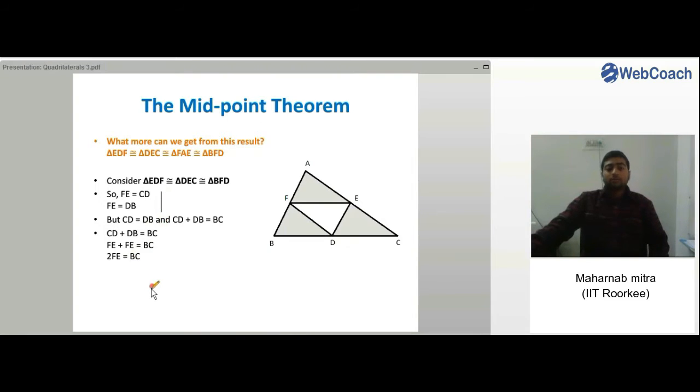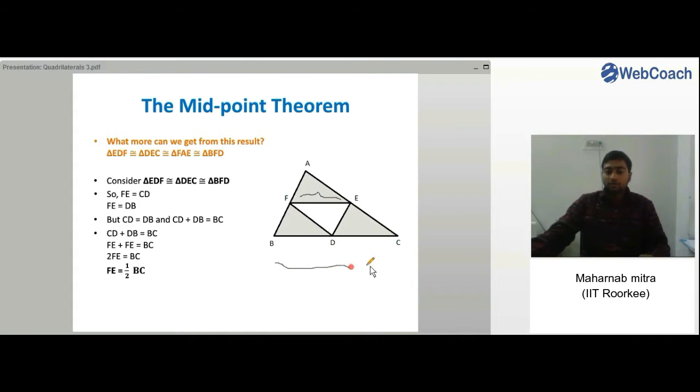So after replacing all the terms with FE and keeping the right hand side as BC, what we obtain is quite interesting. We obtain twice of FE is BC, and after simplifying, FE comes out to be half of BC, or this length FE must be half of BC.